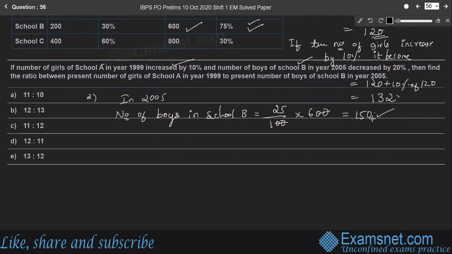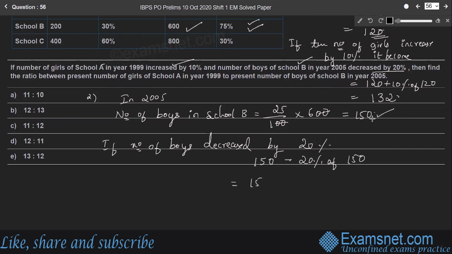And the number of boys decreased by 20%. If the number of boys decreased by 20%, the number becomes the number of boys minus 20% of the number of boys.